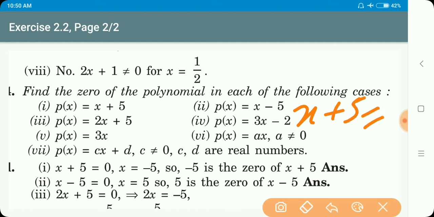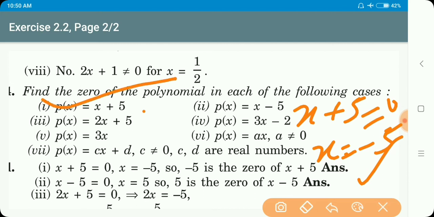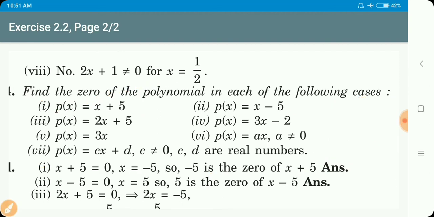So we will put it equal to 0. So x is equal to minus 5. So this minus 5 is the zero of this polynomial. I think you got it. Similarly, you can do it for the remaining.